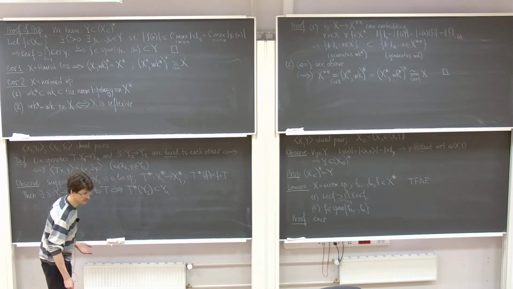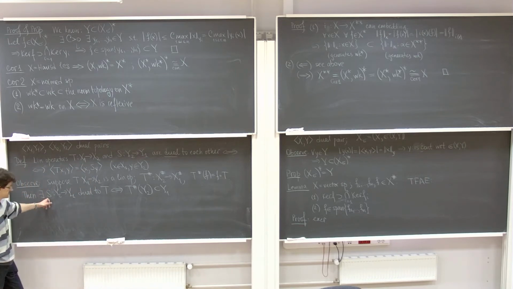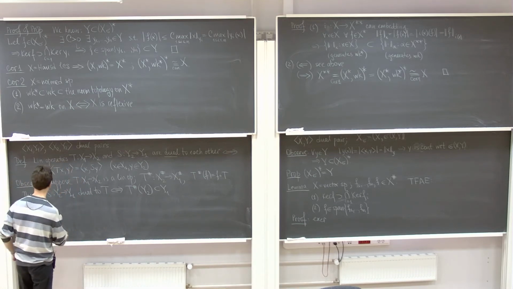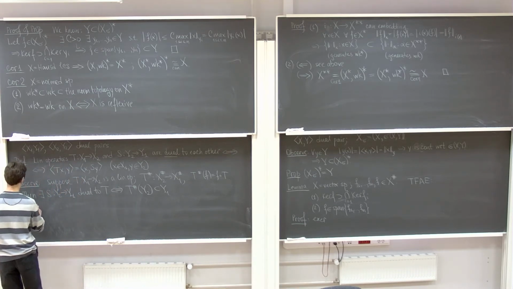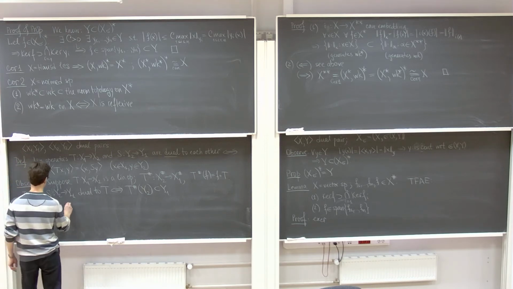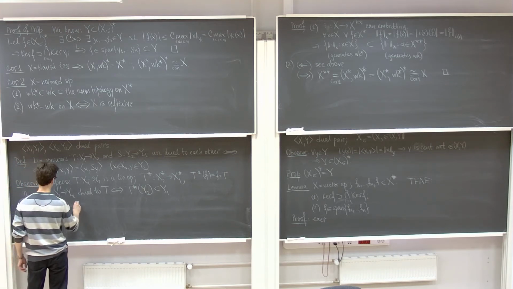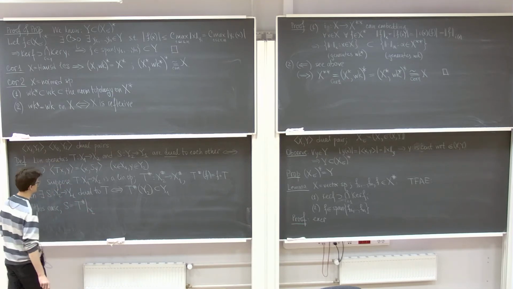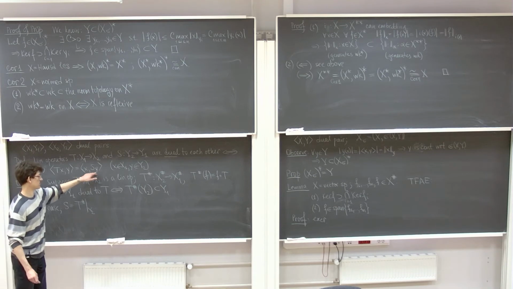But if it holds, then S exists. And actually, S is nothing but the restriction of T hash to Y2. So in this case, S is the restriction of the dual operator to Y2.